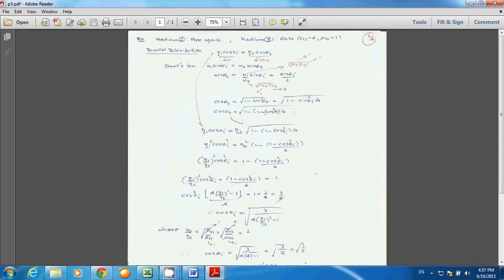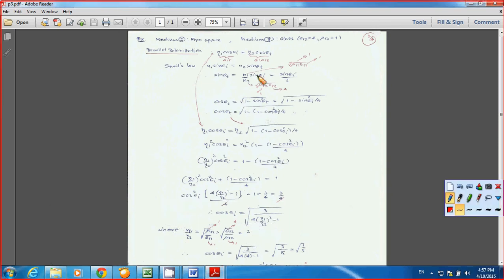Okay, let's take a look at the example for the Brewster angle here. You have medium 1 as free space and medium 2 as grass, with a relative permittivity of 4 and relative permeability of 1.